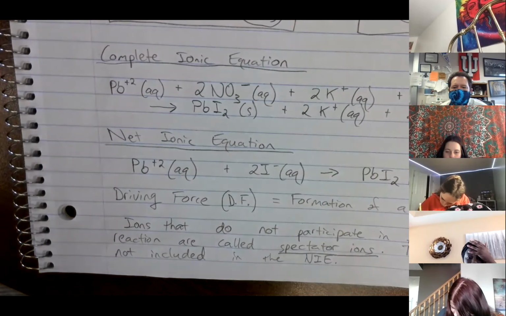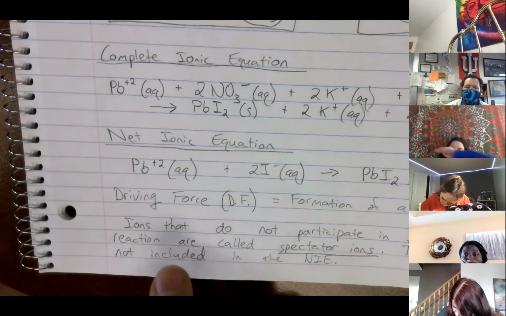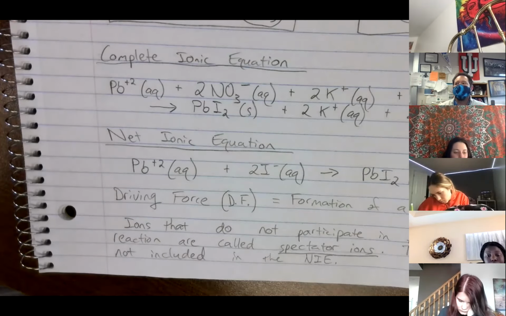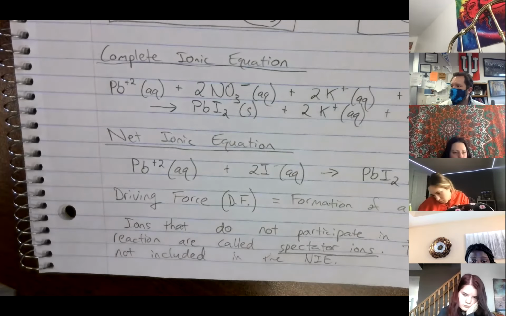Ions that do not participate in the reaction are called spectator ions. We just kind of mentioned that. They just go to watch. We do not include them in the NIE, net ionic equation.